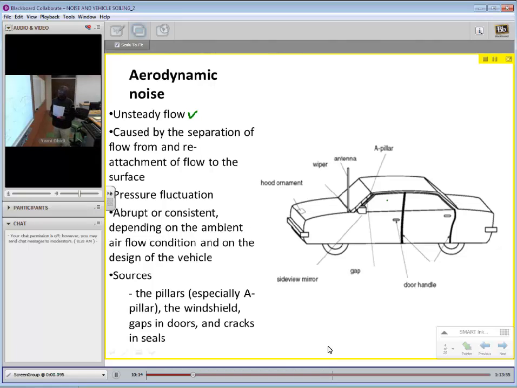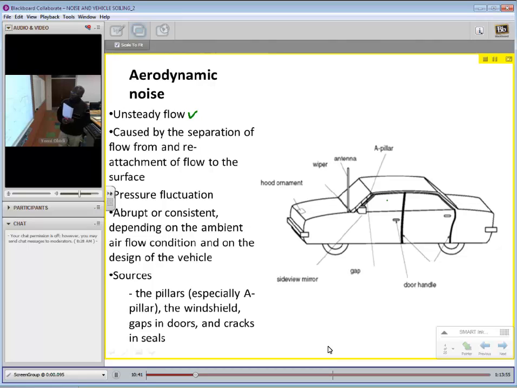Some vehicles have thin sheet metal, and you can actually hear the noise from the body of the vehicle, apart from the glass, because of the gauge that is used in building the body material and the lack of absorption of noise in the vehicle body.